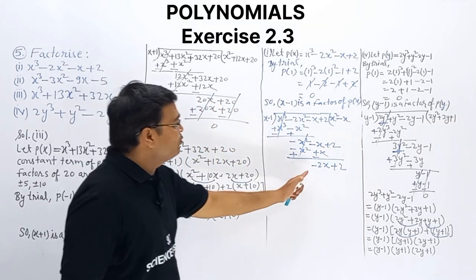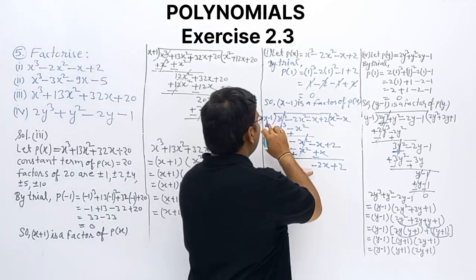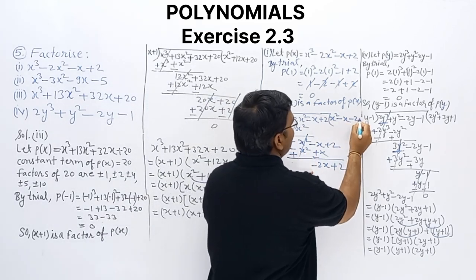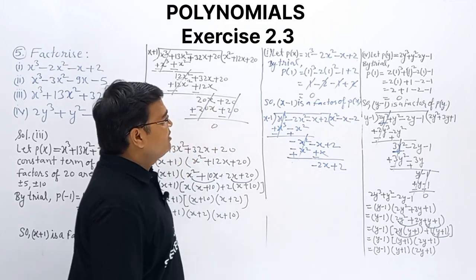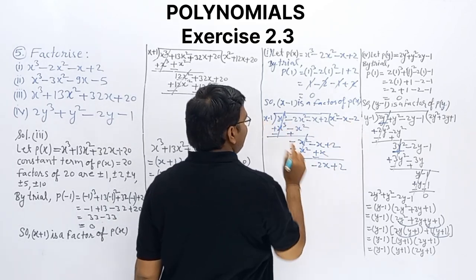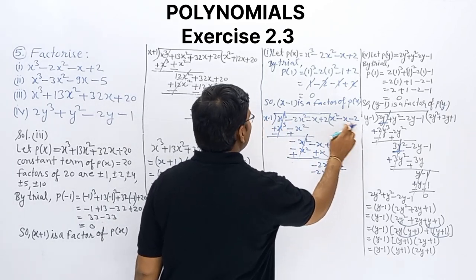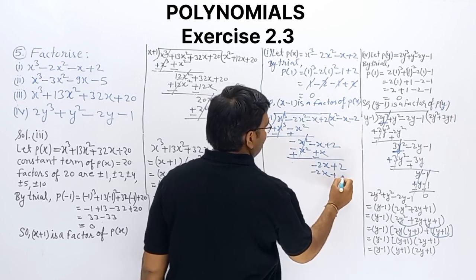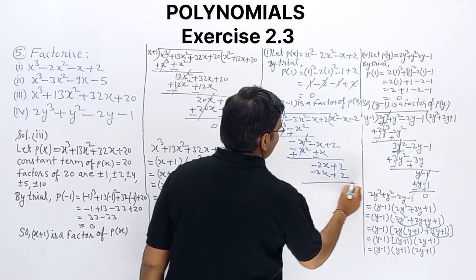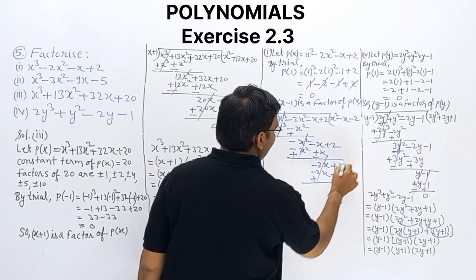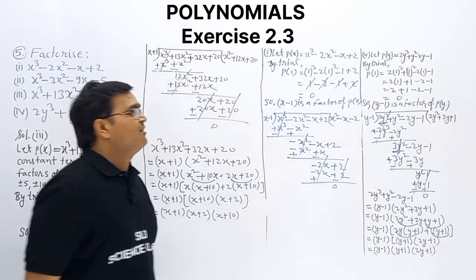Now we want minus 2x, so there is the x, we will multiply by minus 2. Getting now? So minus 2 into this one, minus 2x, minus 2 into minus 1 plus 2. Subtract plus minus, both will be cancelled, remainder is 0.